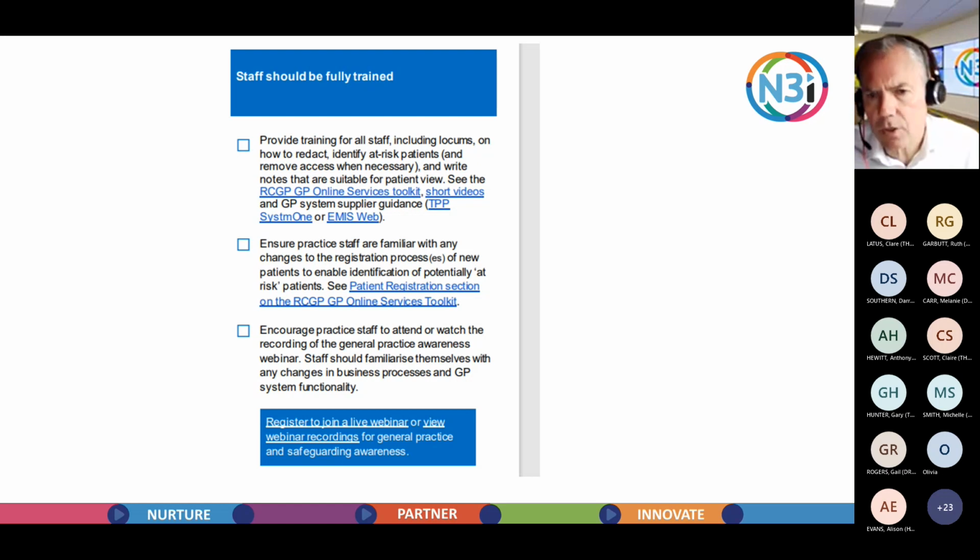There's still a slight question around that. But the registration of new patients clearly needs to be looked at and checked as they come in, I guess by looking at their historical record and seeing if they're suitable for it.